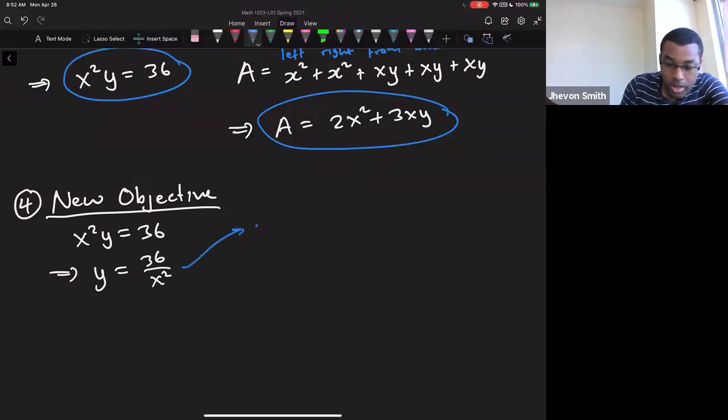Should mention, could solve for either. But y is nicer. Because if I were to solve for the x, I'd have like a radical, right? I'd get y in the denominator, then have a square root of y in the denominator. It's kind of weird. Okay, so, but solving for y is nicer.